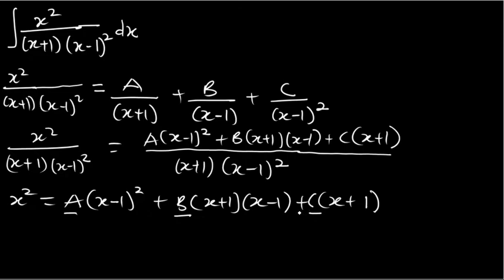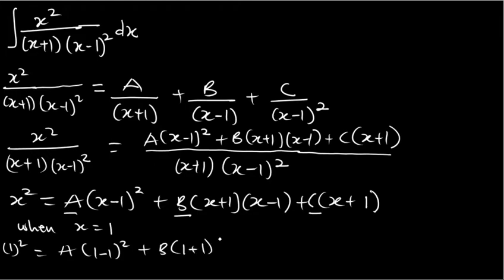What can we do here? When we take x to be 1, x equal to 1 will make A go to 0. Since B can also go to 0, we'll get the value of what? C. So when x is equal to 1, I'm getting 1 squared equal to A(1 minus 1) squared plus B(1 plus 1)(1 minus 1) plus C(1 plus 1).